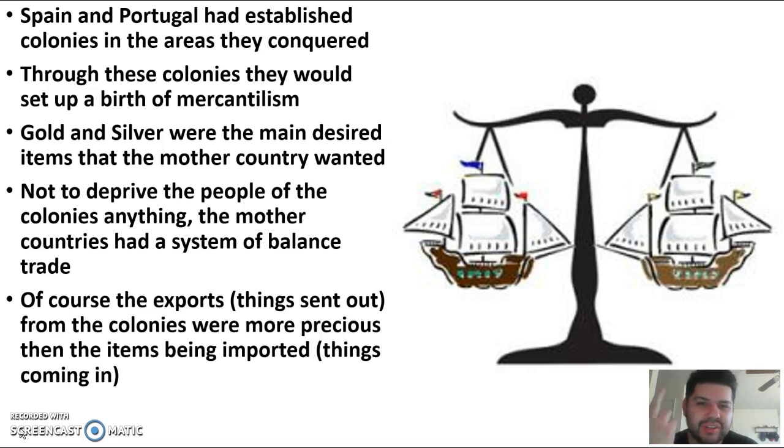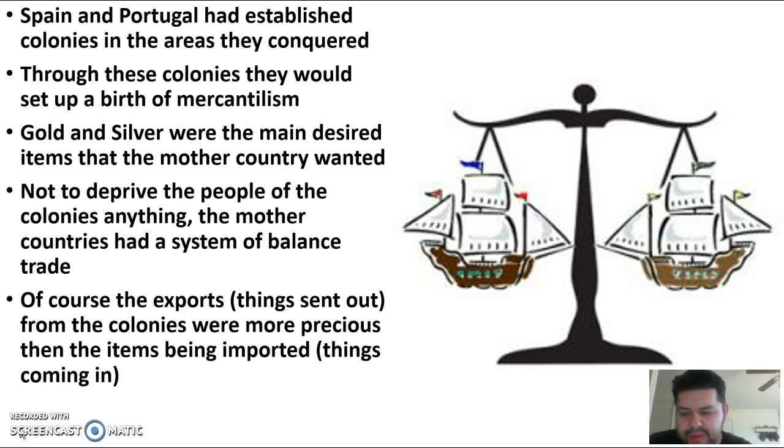Because remember, gold and silver was very valuable in the old world, and so dressers and outfits and things like that didn't match up. Honestly, if you went dollar for dollar, it didn't match up. It really favored the mother country as opposed to the colonies.